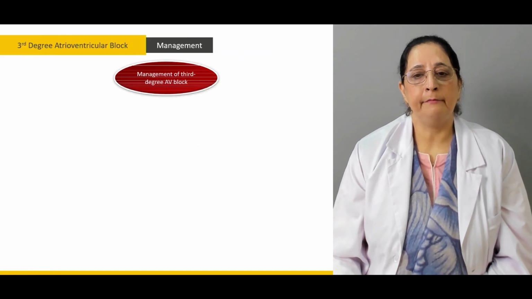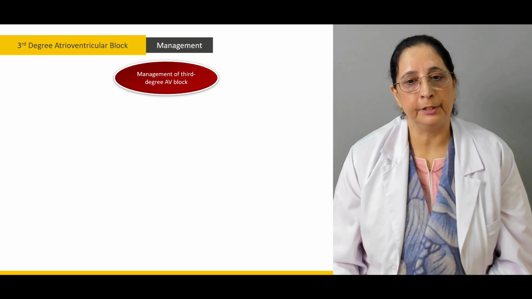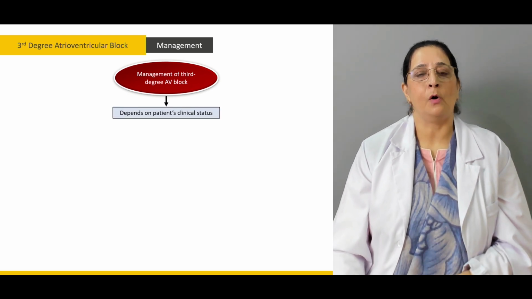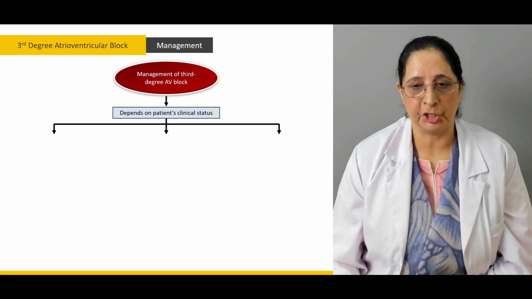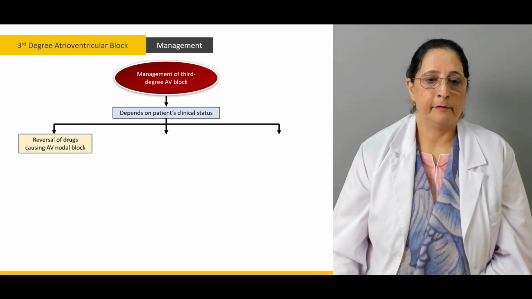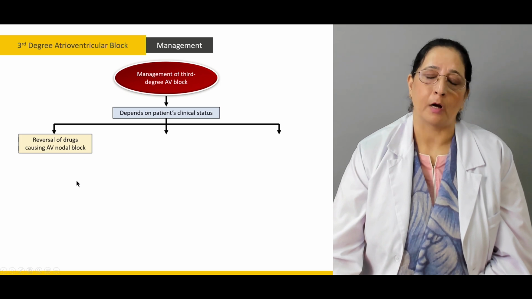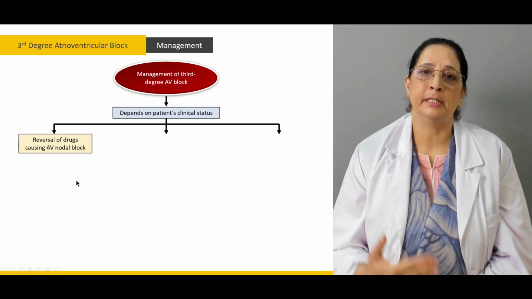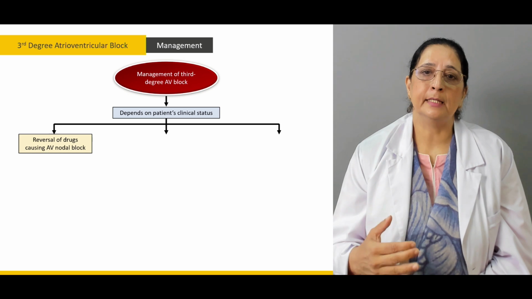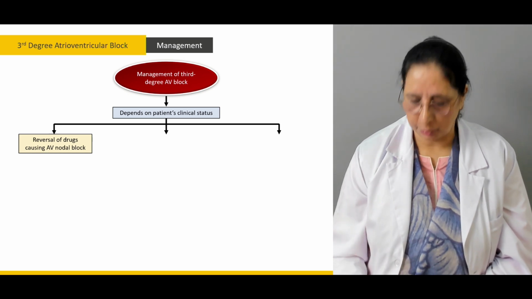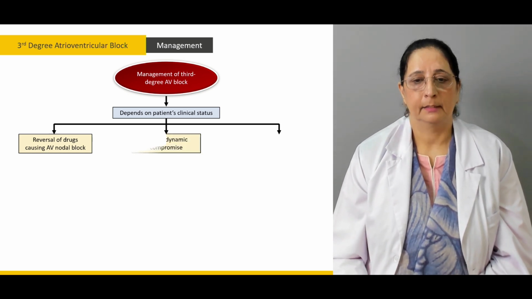The management of third degree AV block depends on the status of the patient. Reversal of drugs causing AV nodal block: some drugs also cause the nodal block, and if that's the case, we should stop using those drugs.